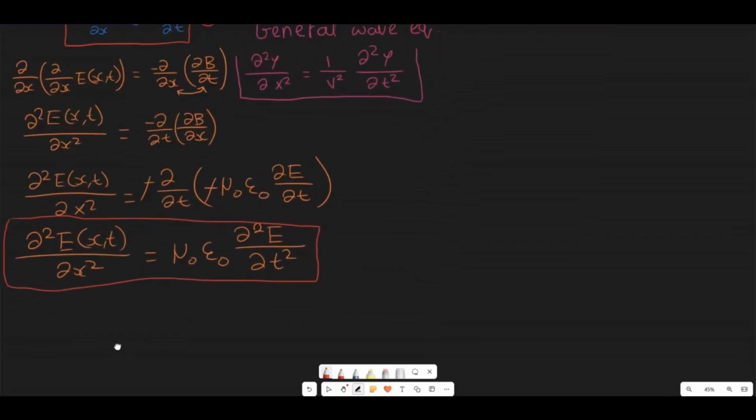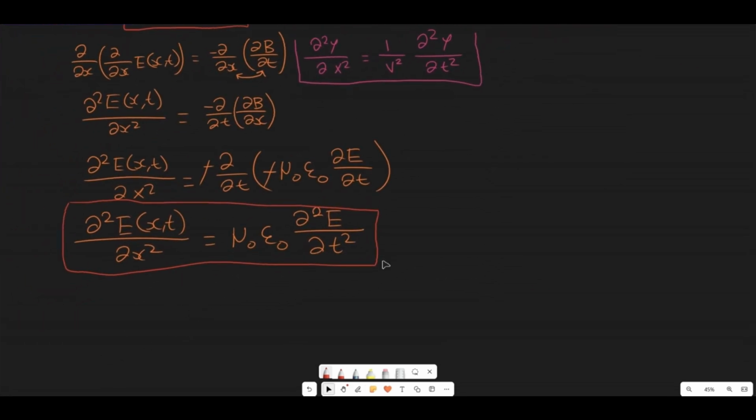I'm just going to copy the general wave equation right underneath this. So partial squared y, let's call y a function of position and time, equals 1 over v squared, and then, oops, that looks pretty bad.